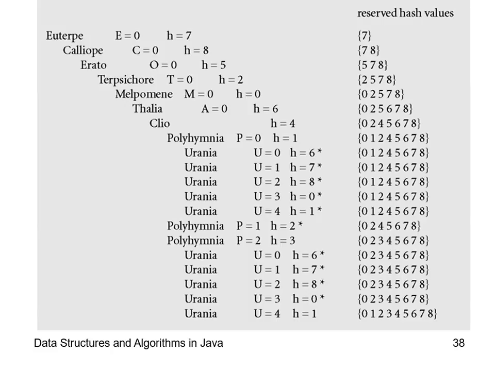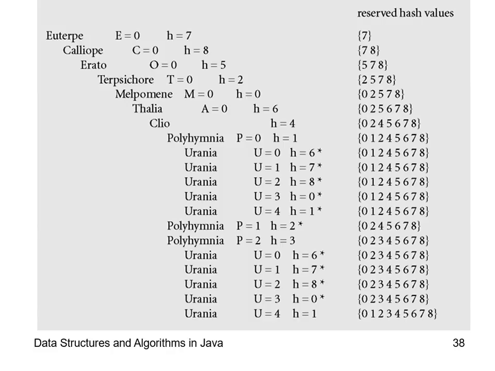Let's try and guess: if G of E is 0, what would the hash function of Euterpe be?